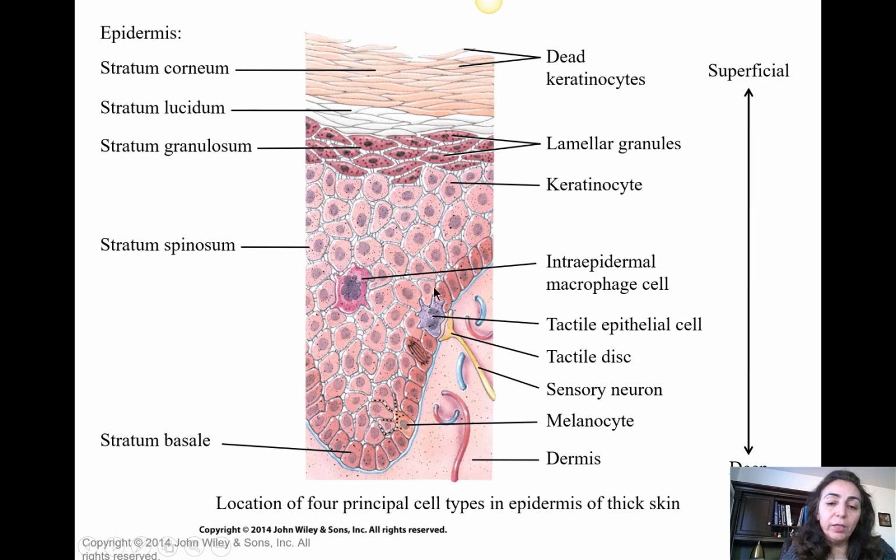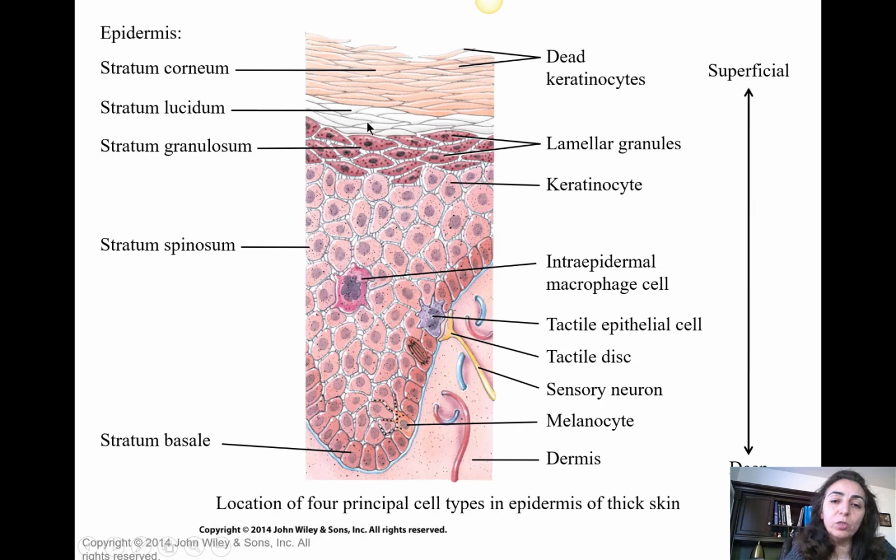Then after that, we have a stratum spinosum, which has some spikes around each cell. This is almost the thickest layer, with the most keratinocytes. Then you have the granules, the darker coloration, the stratum granulosum.